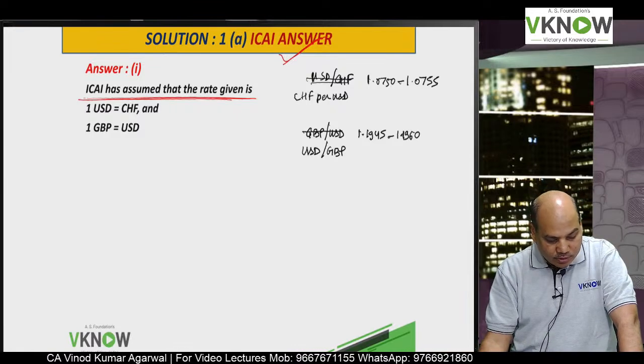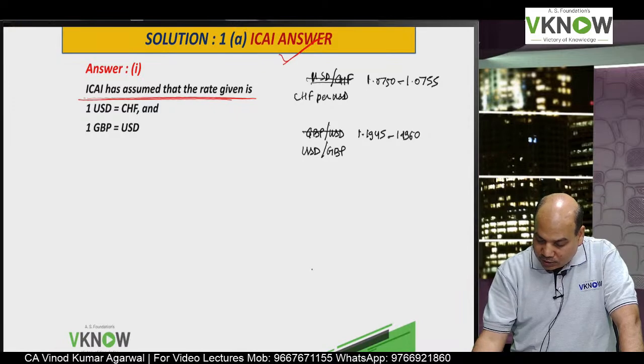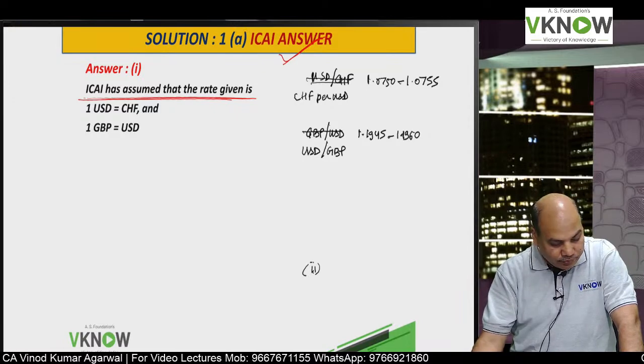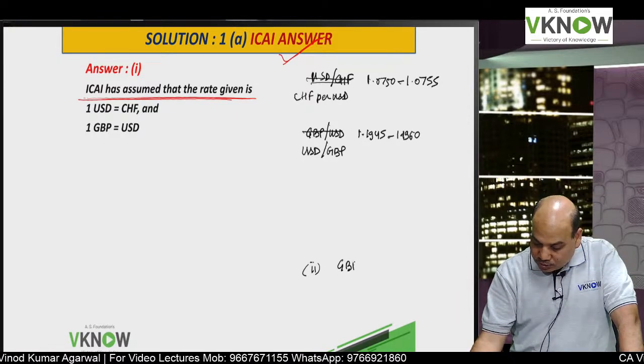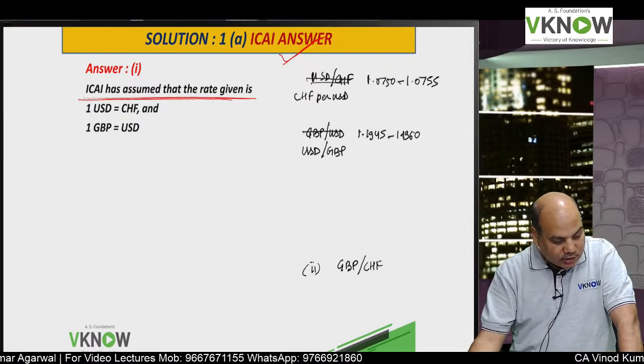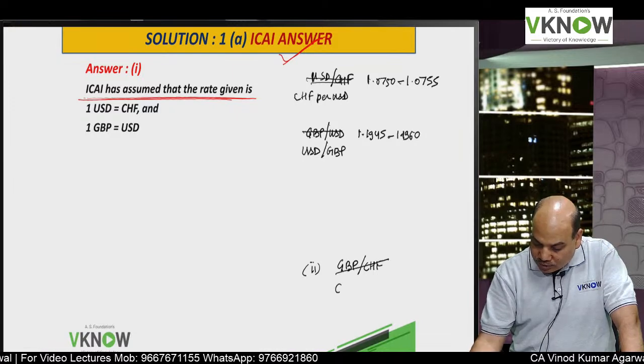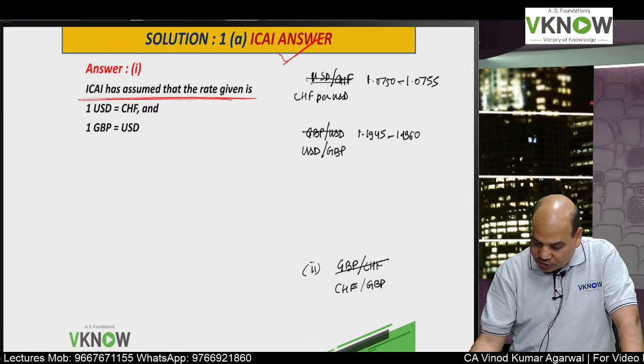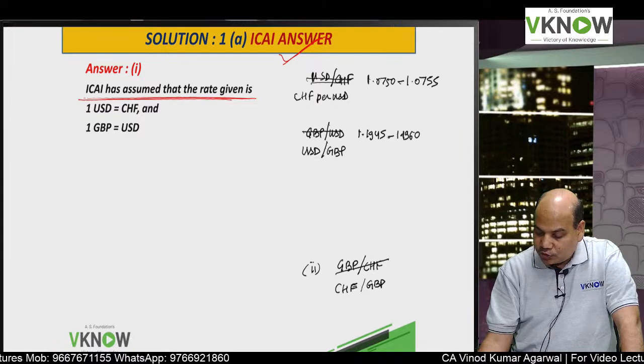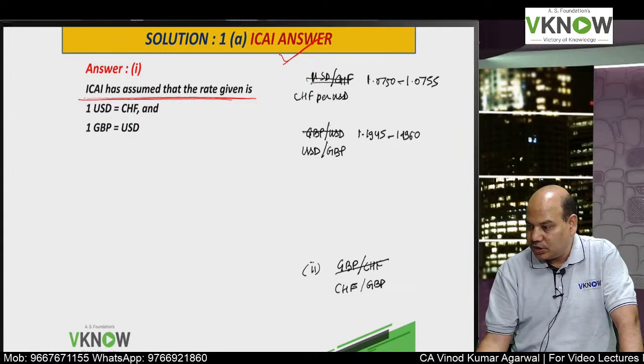Okay. And somewhere in the second question below, in the last line, they have written GBP per CHF. In the second question, second last line, you cut it and make it CHF per GBP. So everywhere the institute has a reverse interpretation.